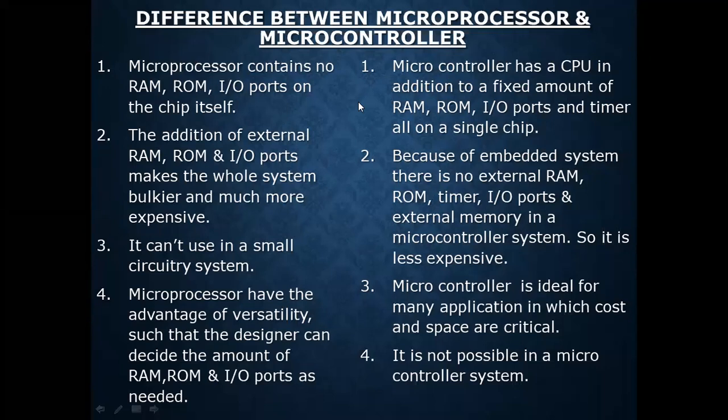So the overall circuitry is complex. Small circuitry cannot be made, but in a microcontroller, a very small circuitry can be made. And as the microprocessor can perform multiple jobs parallelly, it has the versatility of RAM, ROM, and IO ports.